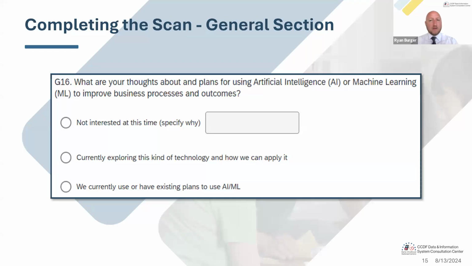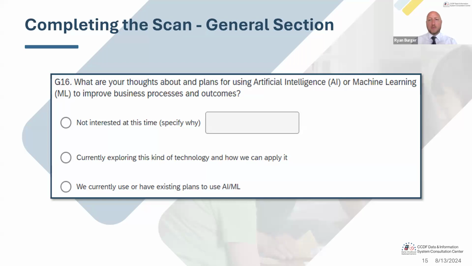So the scan also includes a question related to artificial intelligence. DISC is interested in learning more about your thoughts on and plans for using AI or machine learning, sometimes referred to as ML, to improve business processes and outcomes. We know there's so much happening in these spaces and so many different use cases and opportunities for using these technologies.